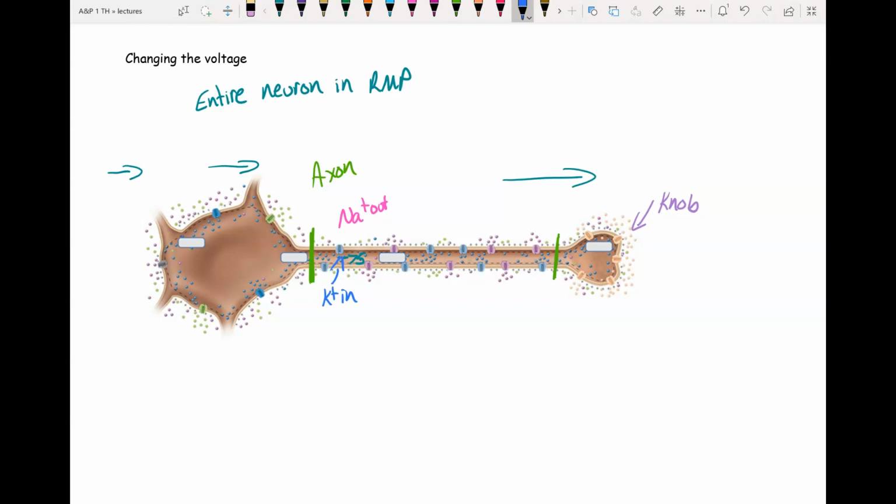In order to have that action potential on the axon, you have to move the ions in and out. So sodium will move in, and potassium will move out. And that's what makes the electric signal.